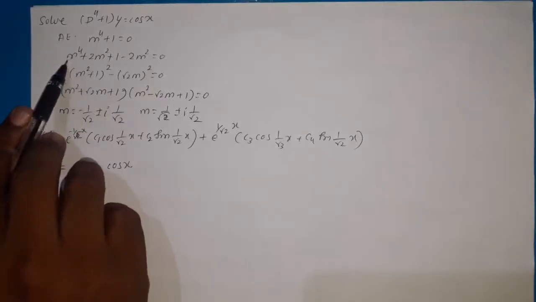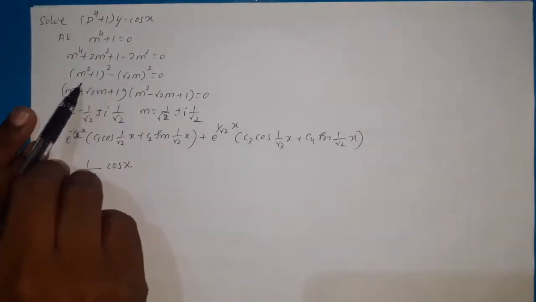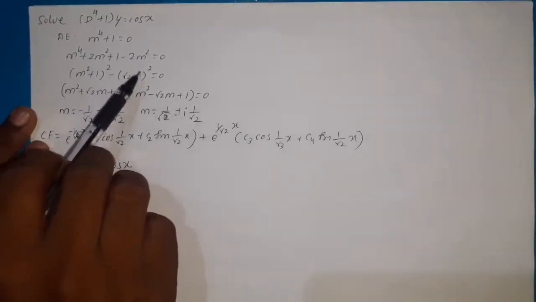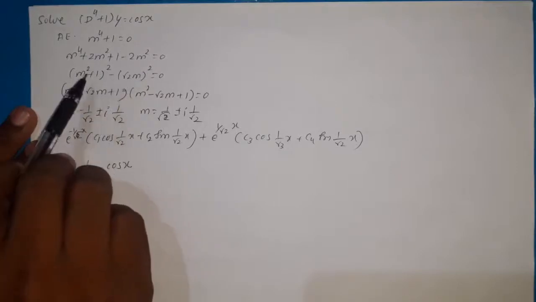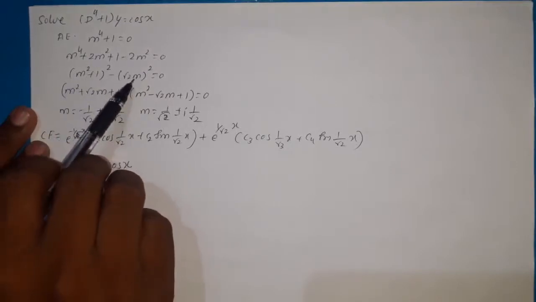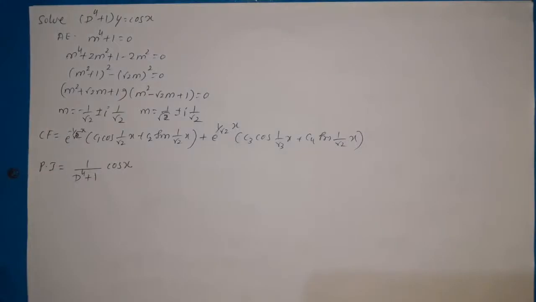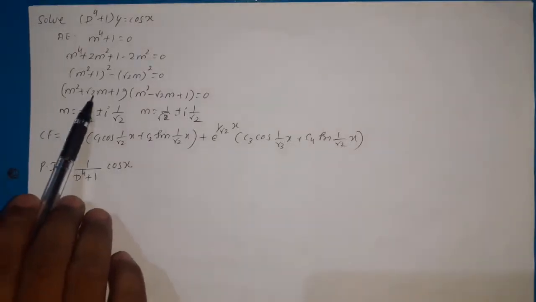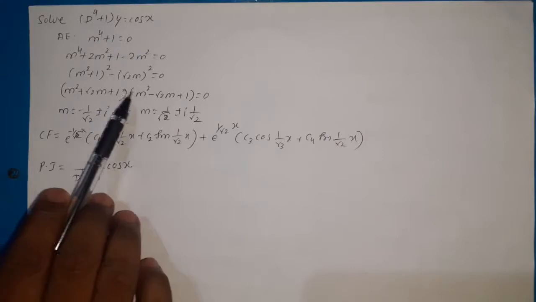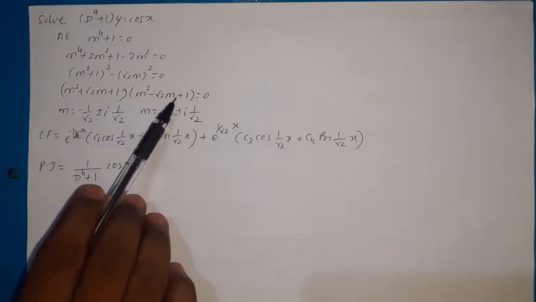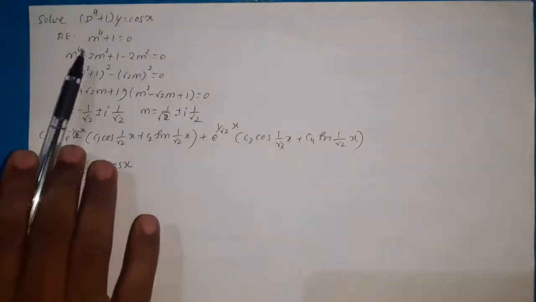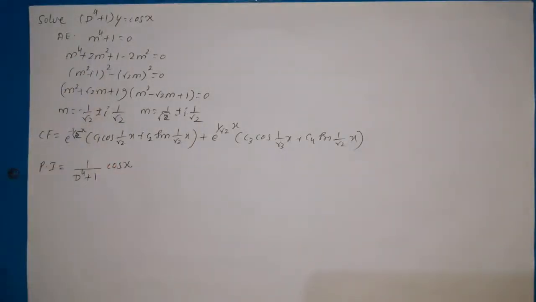Then by considering the first 3 terms, it can be written as (m square plus 1) whole square minus (root 2 m) whole square, which is in the form a square minus b square, and a square minus b square equals (a plus b)(a minus b). So here (m square plus root 2 m plus 1)(m square minus root 2 m plus 1) equal to 0. These two are the factors of the equation m power 4 plus 1 equal to 0.